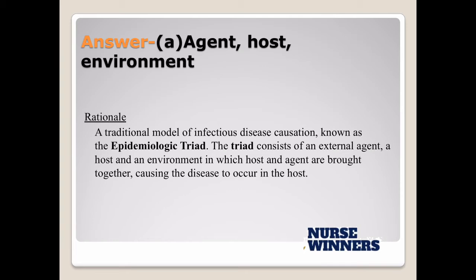Rationale. A traditional model of infectious disease causation is known as the epidemiological triad. The triad consists of an external agent, a host, and an environment in which host and agent are brought together, causing the disease to occur in the host.